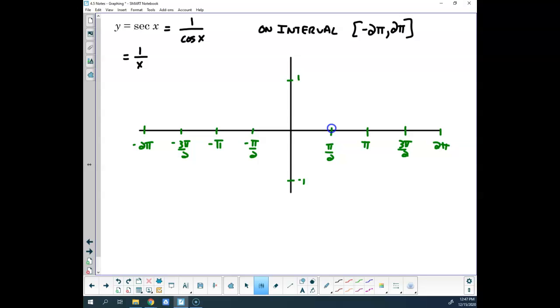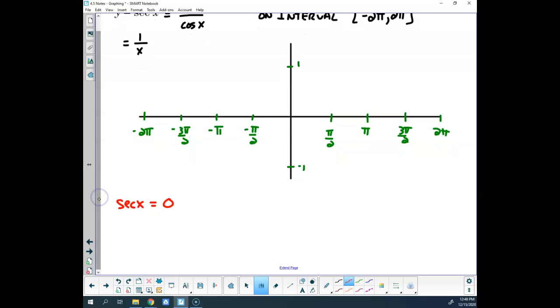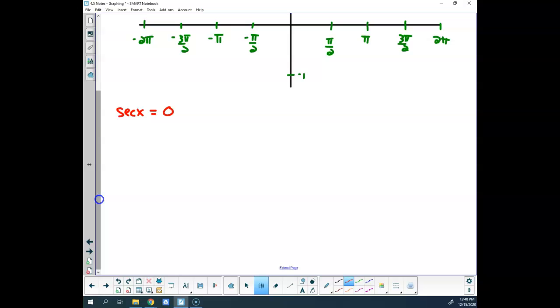First one was, when is the secant of x equal to 0? When is secant equal to 0?